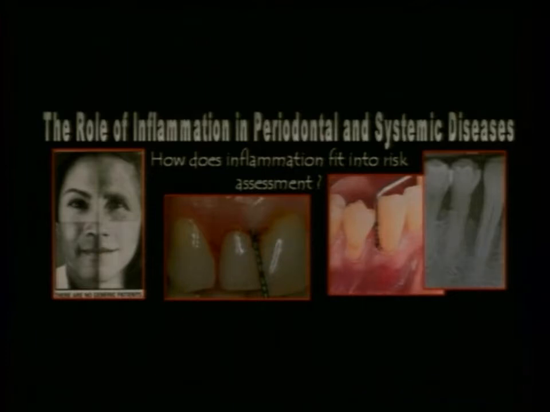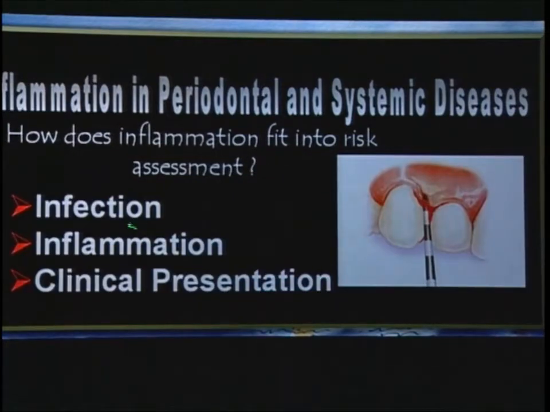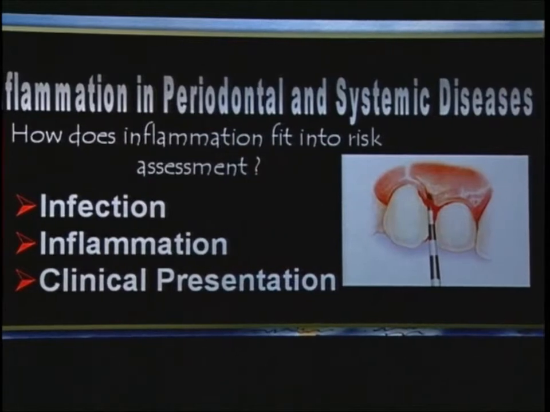We look at probing depths, attachment levels. Really, we're looking at surrogate markers for connective tissue changes in the inflammatory phase of the wound healing process. We're taught to correlate infection, inflammation, and clinical presentation as we look at our patients. But the problem is, these don't always correlate.